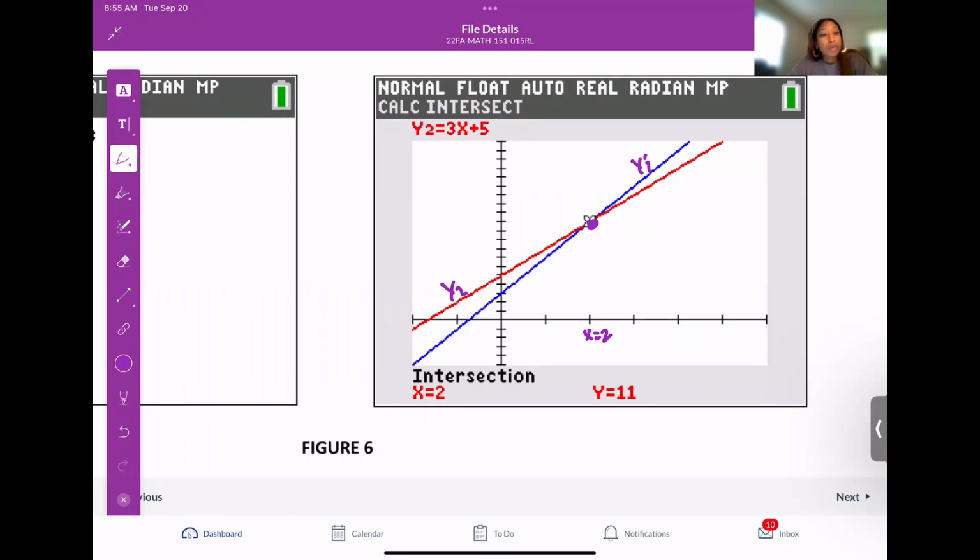Depending on what your inequality says, if we want to know when y2 is greater than y1, or when y1 is less than y2, that's the same question. That would be everything to the left of the intersection point, so negative infinity to 2. Everything to the right of the intersection point is when y1 is greater than y2. So it's finding the intersection point and analyzing what's happening to the left and right of it.